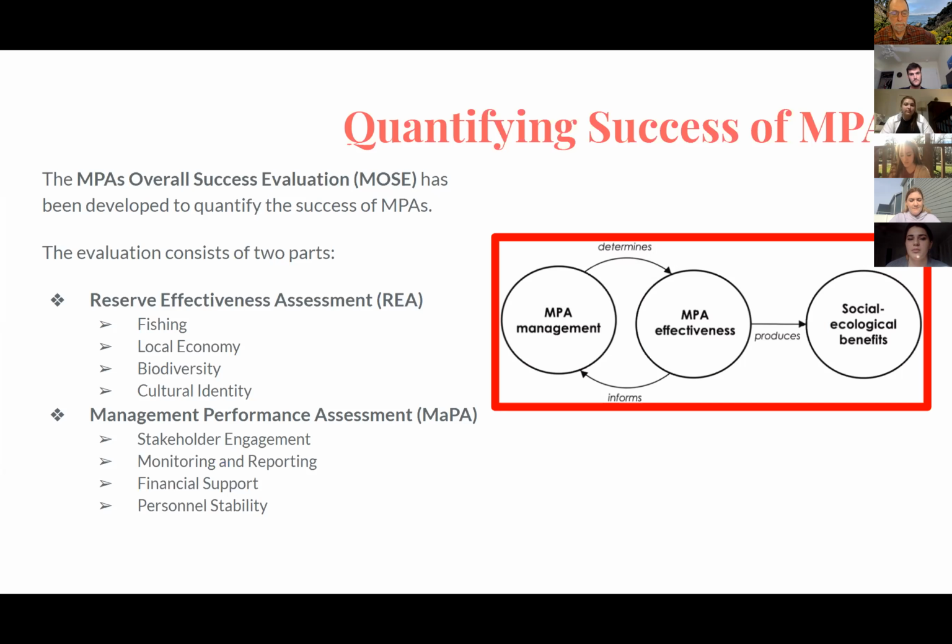Moreover, the capital interest of MPAs is best observed through fishing and local economy factors of calculating the REA index. On the other hand, the MPA index is more focused on management objectives, including level of surveillance, information awareness of regulations, stakeholder engagement, monitoring and reporting, anthropological threats, financial support, professionalism and competence, personal stability, cultural heritage, and social media communication.